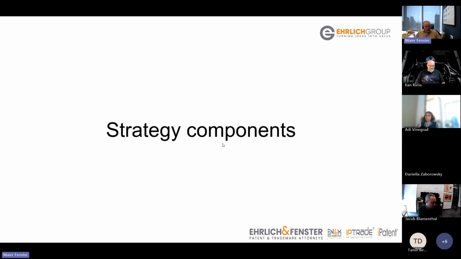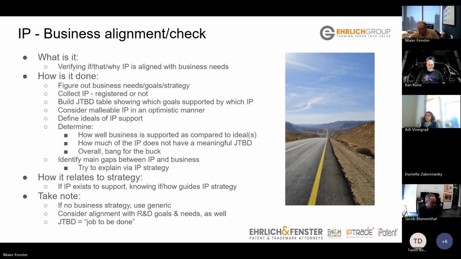Okay, so now let's talk about a few strategy components. Again, not a complete strategy, but you're going to recognize these as nearly strategy. Well, one of these activities is checking to see the alignment between your IP and the business needs.